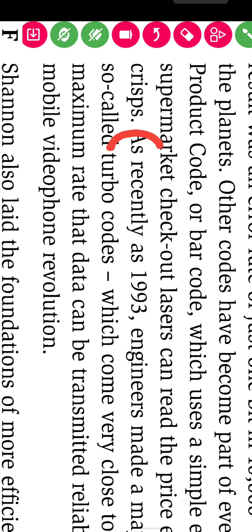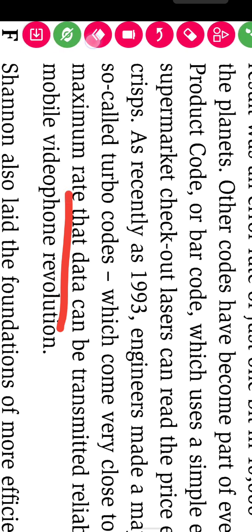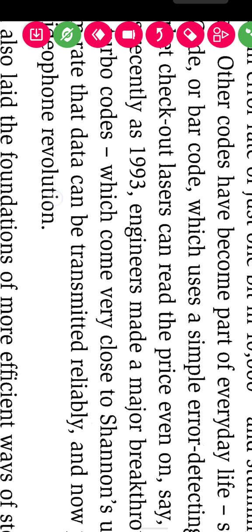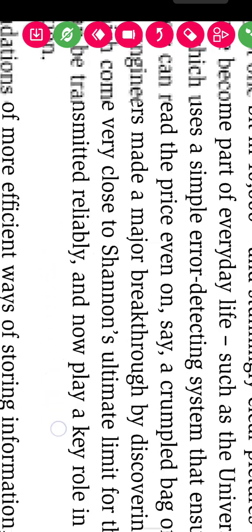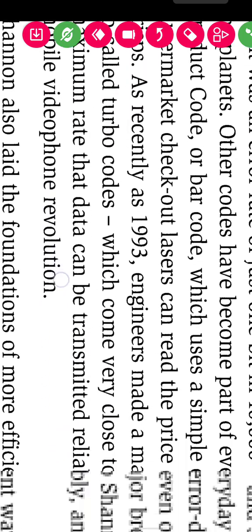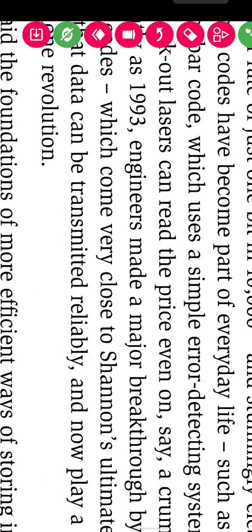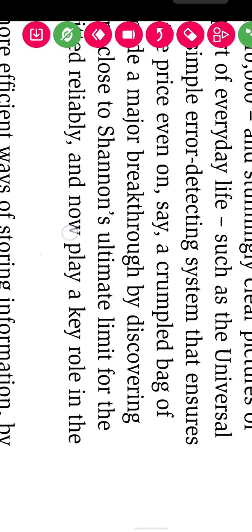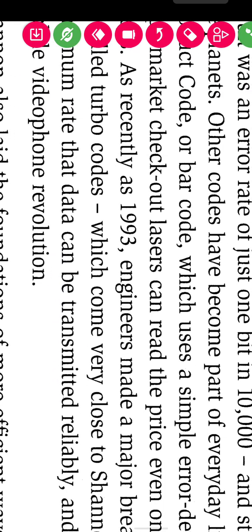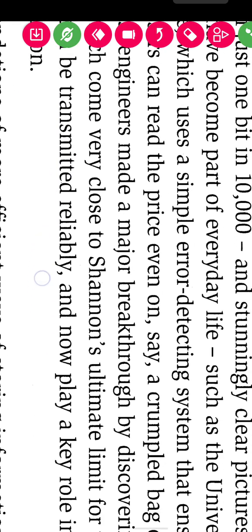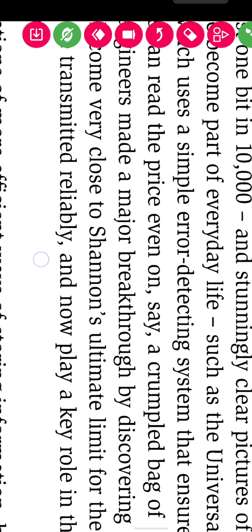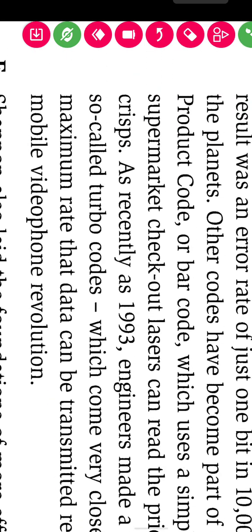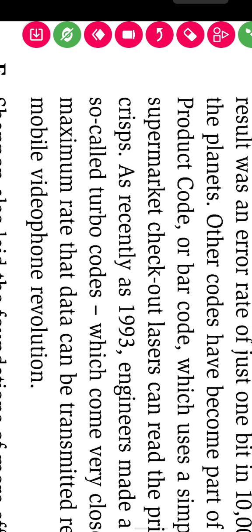I am going to mark here, as recently as 1993, engineers made a major breakthrough discovering so-called turbo codes, which come very close to the Shannon ultimate limit for the maximum rate that data can be transmitted reliably, and now play a key role in the mobile video phone revolution.